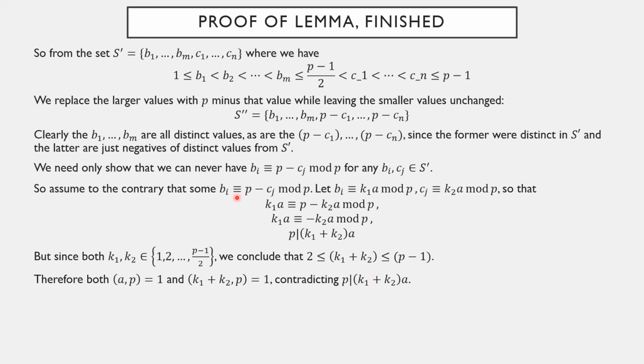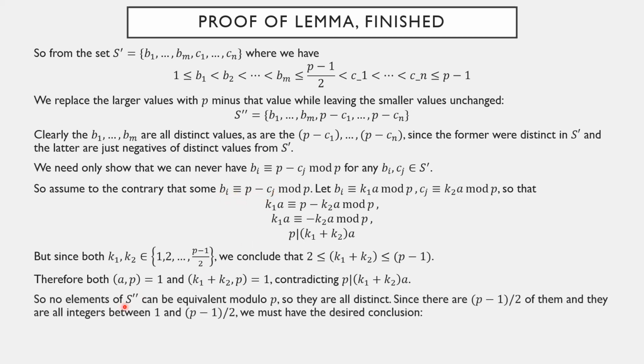Therefore, we never have one of our small remainders equivalent to p minus one of our big remainders. Therefore, the elements of S double prime are never equivalent to each other mod p, so they're all distinct values mod p. There are (p minus 1)/2 of them, and they were all in between 1 and (p minus 1)/2, so they must be exactly that list.